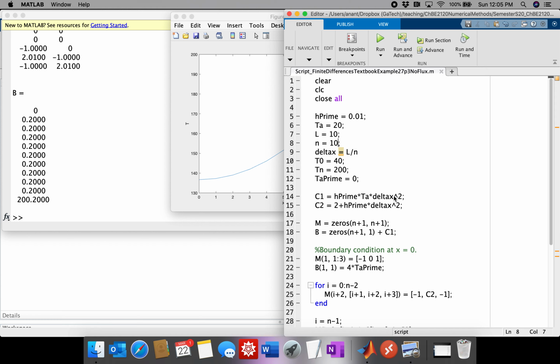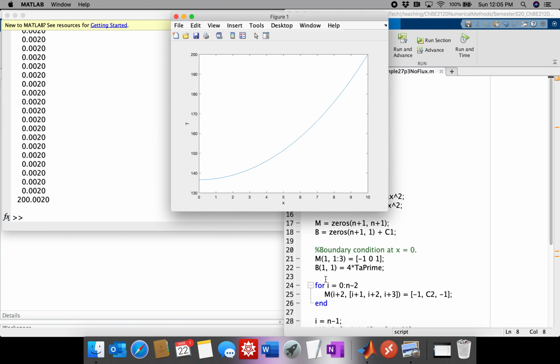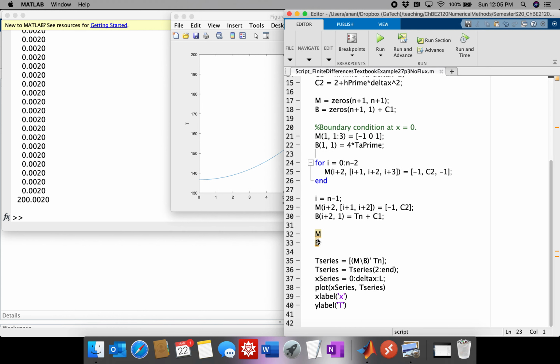Did I just change it to 10 instead of 100? I hope I didn't. Hold on, I hope I didn't change the wrong number here. I think that's right. Probably not worth displaying M and B anymore.